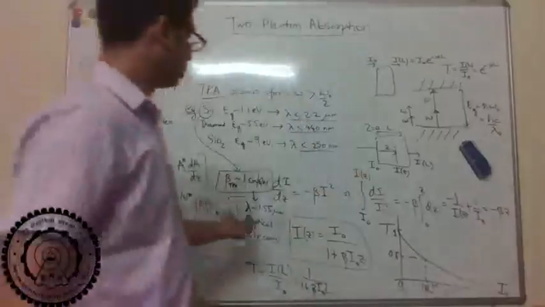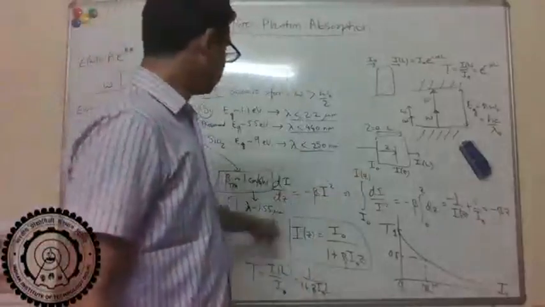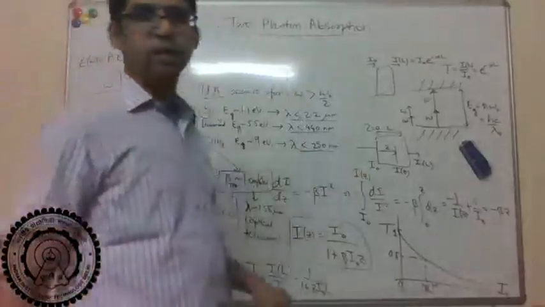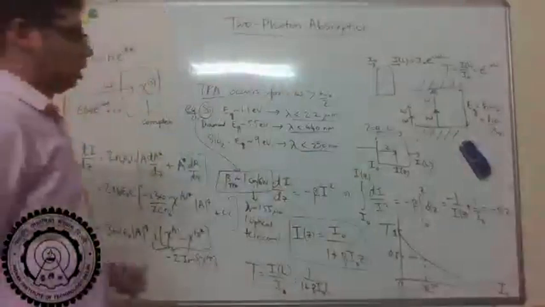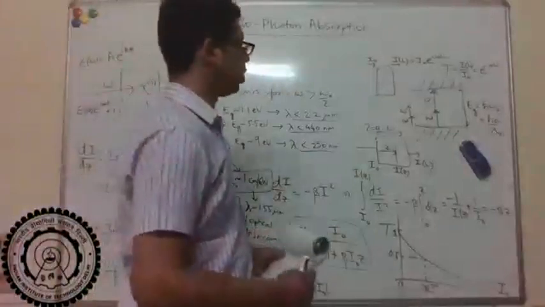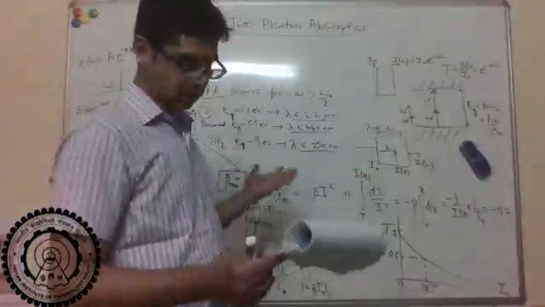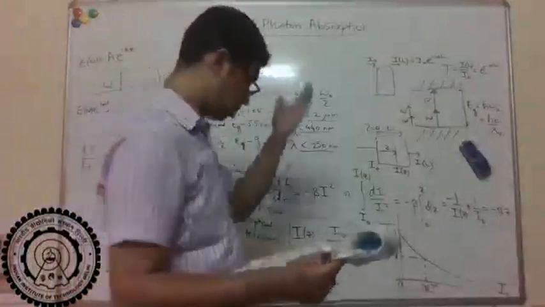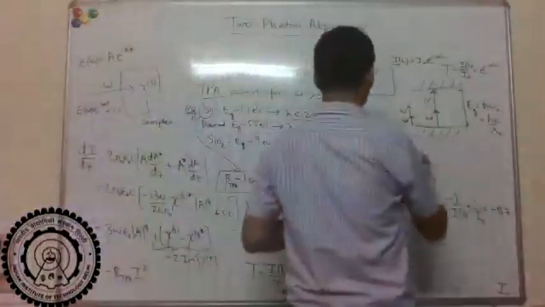So a similar thing can be done here, right? Because the absorption goes as I squared. So there is something called two-photon absorption based nonlinear microscopy also.